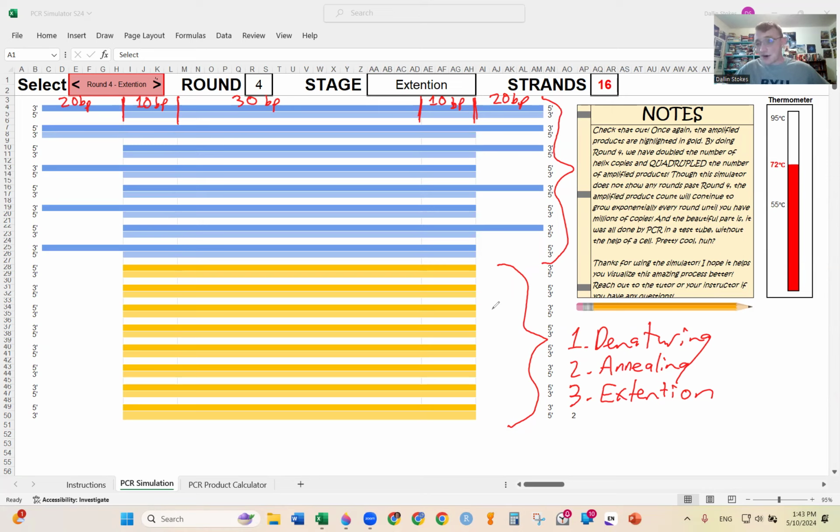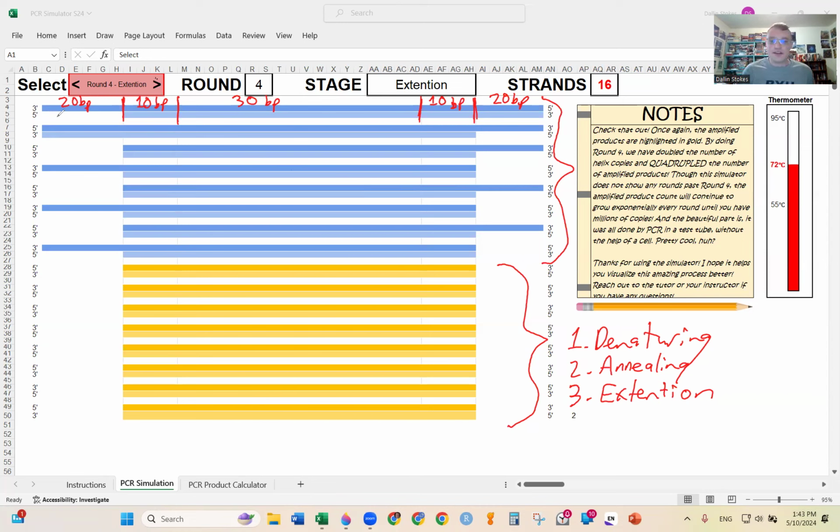So really, we can ignore the 8 weird ones, and all you wind up with are the amplified product size ones. That's why we call it that: your PCR product is the amplified product. It's going to be that length right there, the golden pieces.